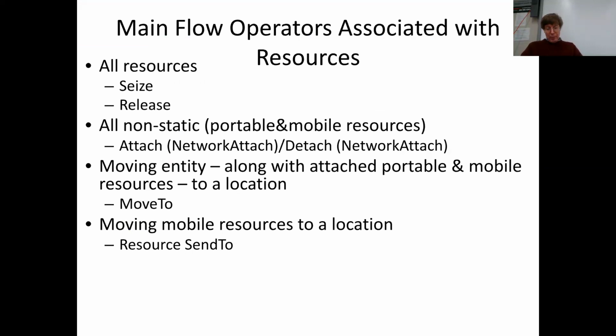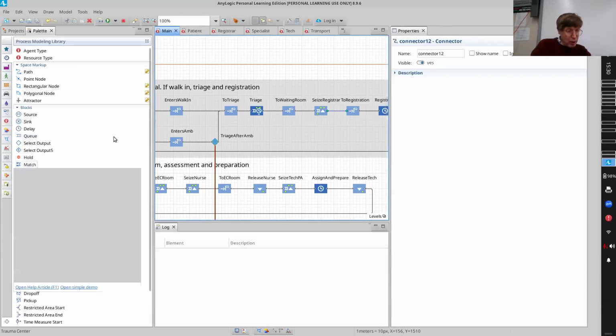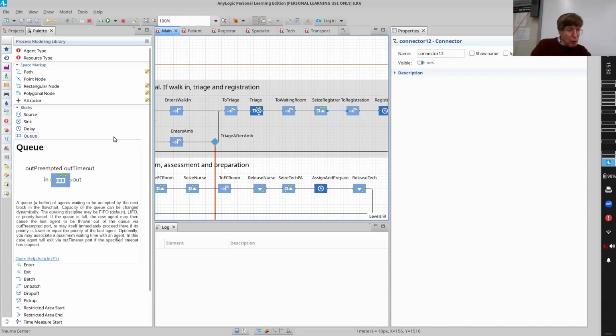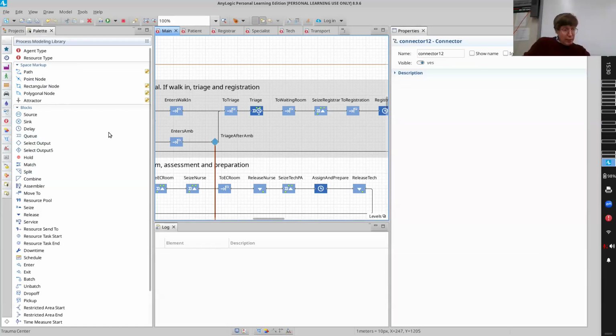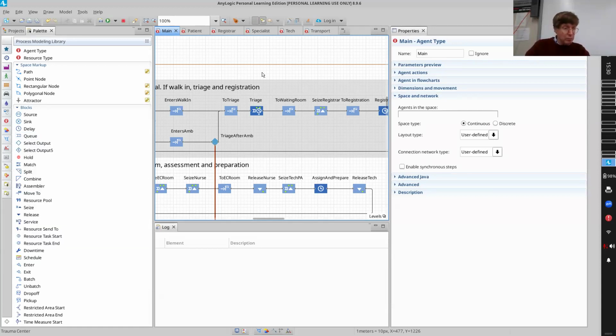Okay, I will note that attaching and detaching operators allow us to move people around together. You can attach and detach resources to entities.